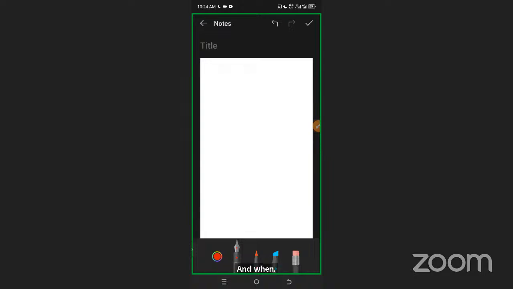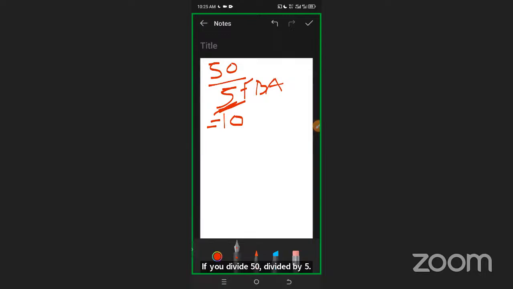If you are using $50 as your trading capital, divide this by 5. What is 5? 5 is the first buy-in amount. 50 divided by 5, you get 10.